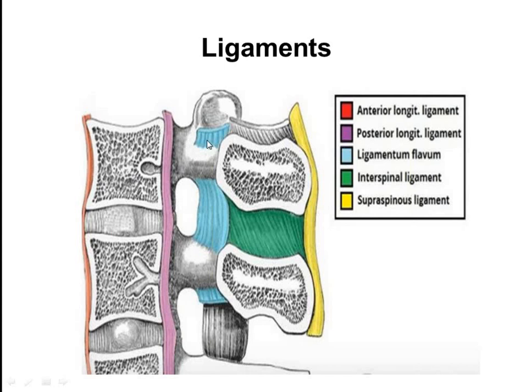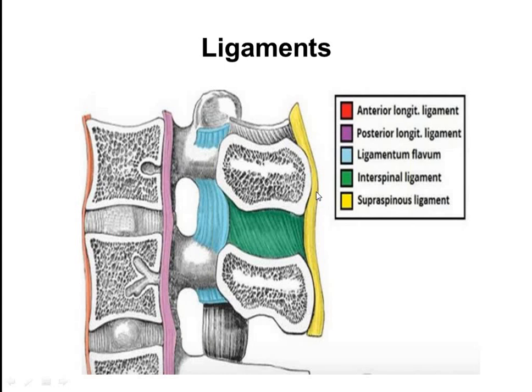Then the lamina are connected with the next lamina through the ligamentum flavum. Ligamentum flavum is joining the lamina of adjacent vertebra. Then in between the spinous processes of the vertebra is the interspinous ligament.